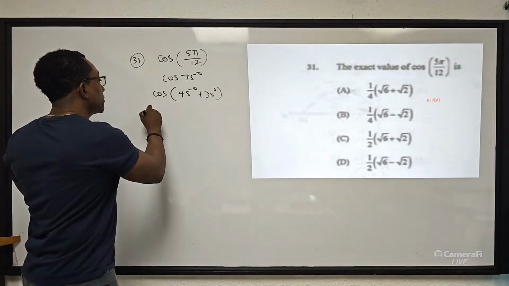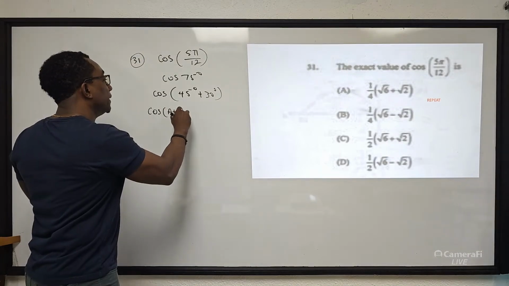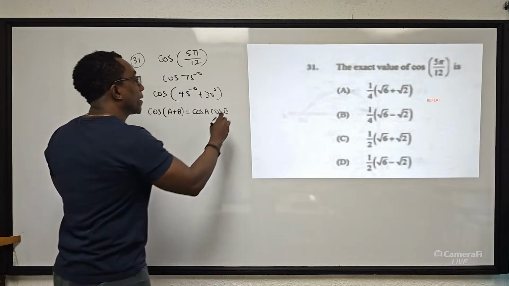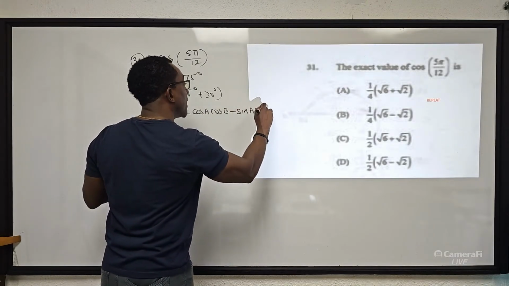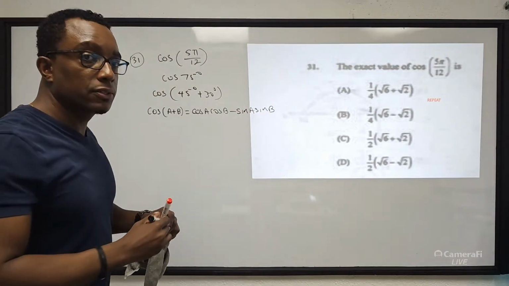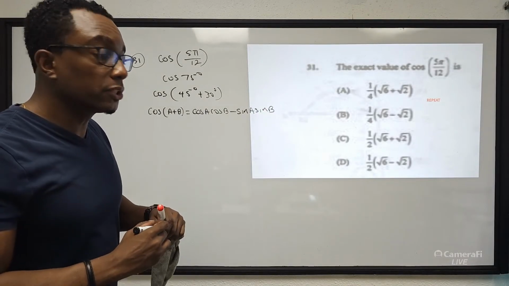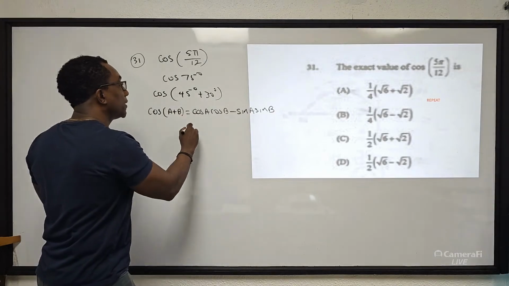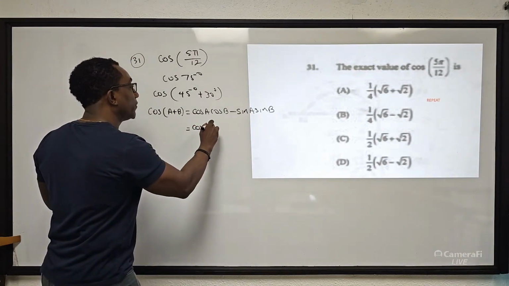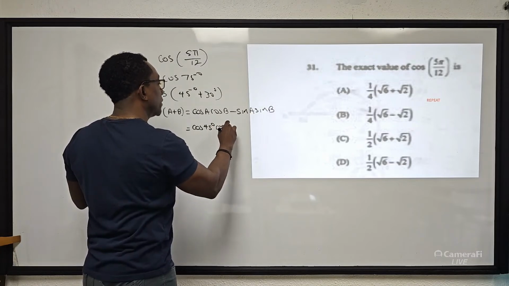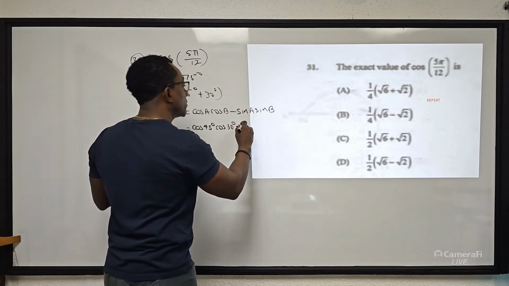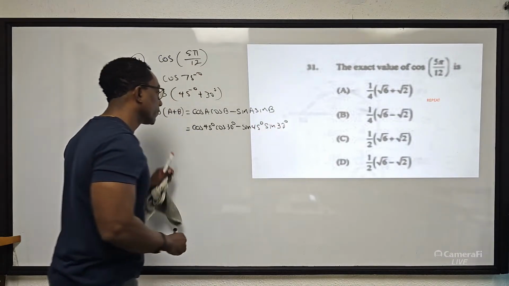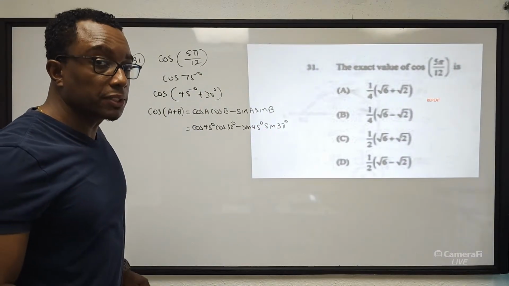So cos of A plus B is cos A cos B minus sine A sine B. You should know that compound angle expansion formula. So cos of 45 plus 30 degrees will be cos 45 cos 30 minus sine 45 sine 30. Now, you have to know your special angles.